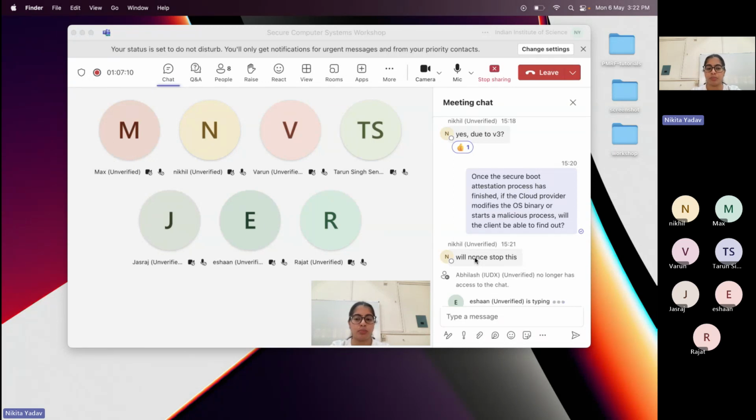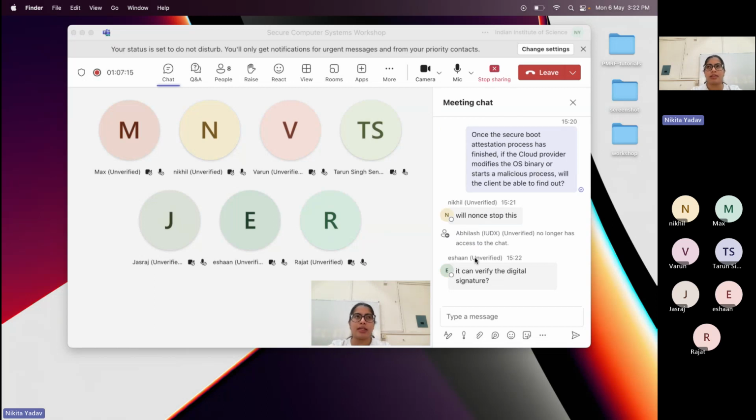But what I'm asking is, let's say the cloud provider started with this particular software stack, and then it gave you the value v3 with the nonce as well.